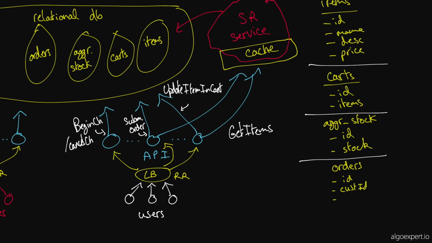You would probably have a status, an order status. This would be something like submitted, processing, shipped, that kind of stuff. You would probably have items. You would probably have price, a timestamp. I'm not going to write all this out, but a bunch of stuff, right? Shipping address, put ship A for shipping address. You get the idea, right? And this is the orders table.